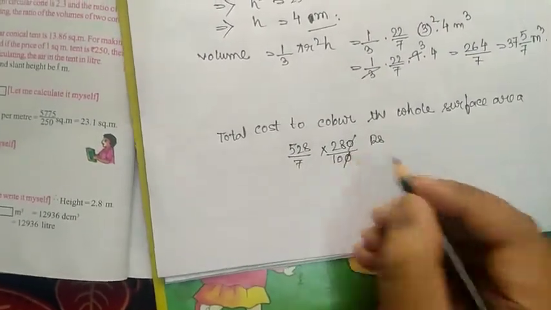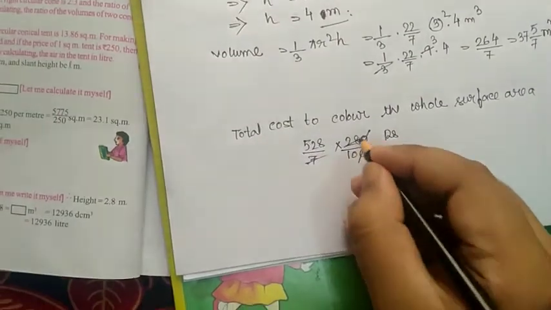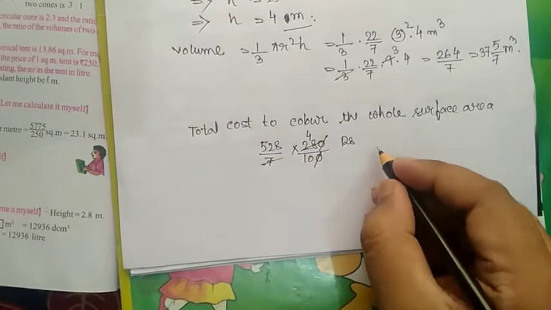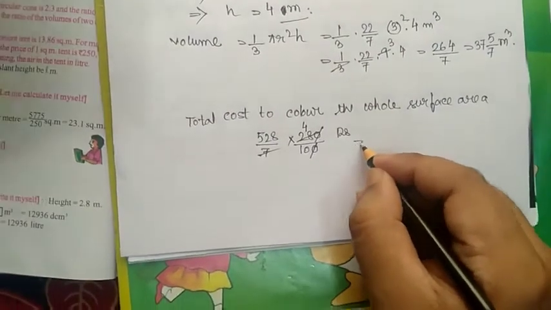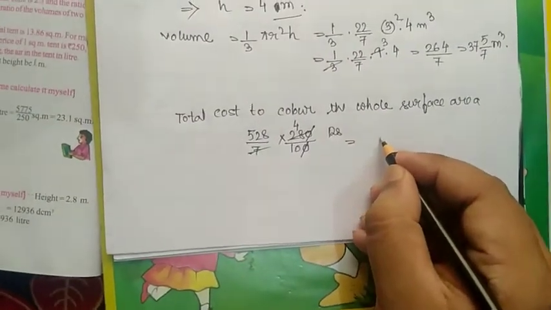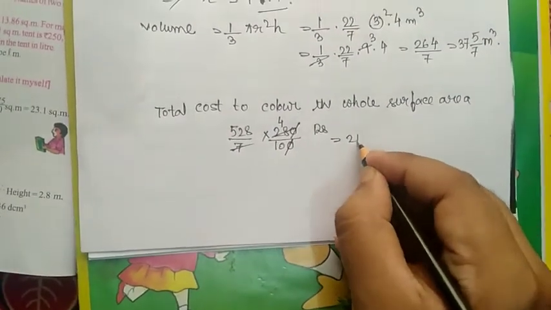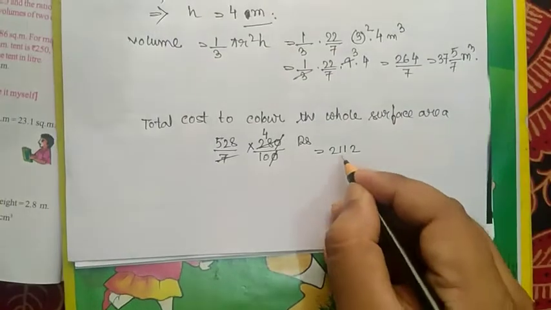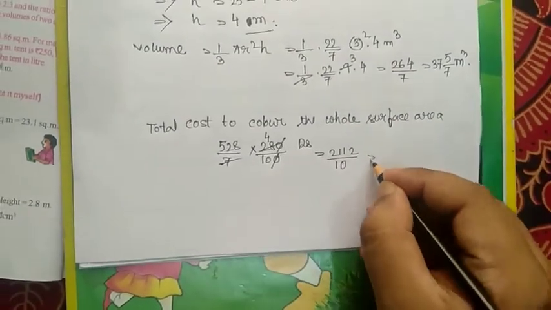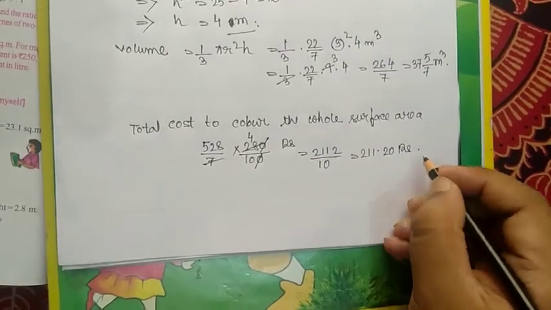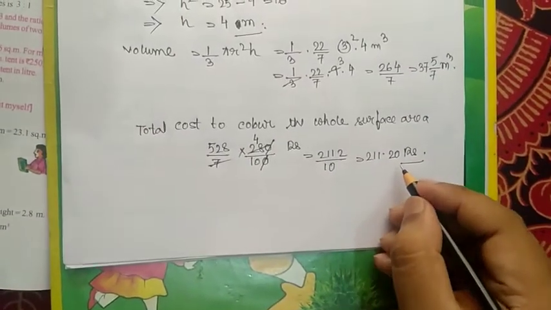So 528 into 4 means 2112 by 10 equal to 211.20 rupees. So the answer is 211.20 rupees.